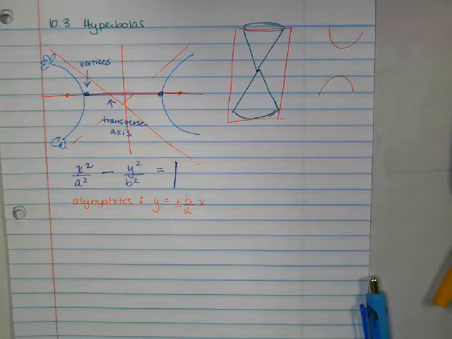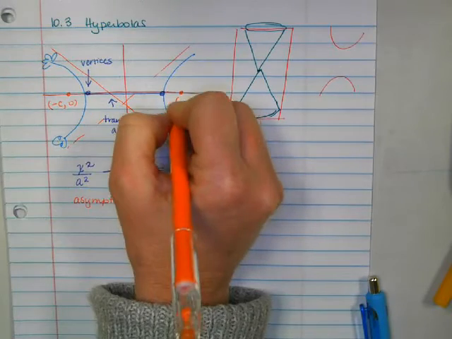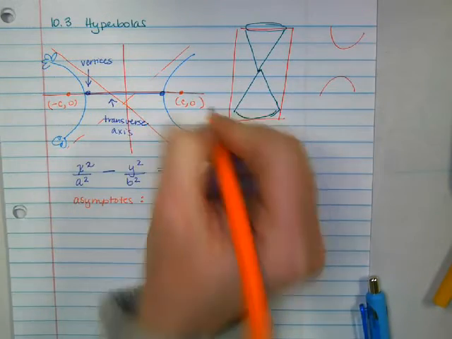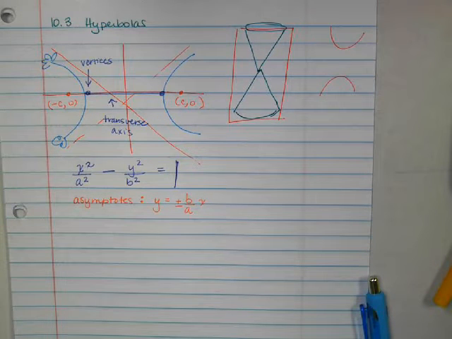Your focal point is found with the same negative c, 0 or c, 0. All that stuff is pretty much the same. I'm trying to see if there's any other vocabulary that you need for this. I don't think so.